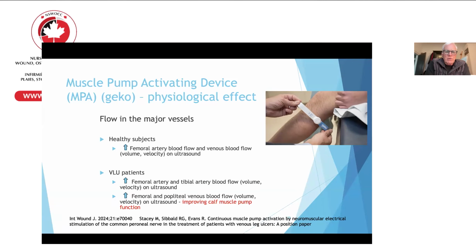In patients with venous ulcers, that flow in the arteries is evident in the femoral artery and also in the tibial vessels. And studies in the veins have shown improvement in blood flow in the femoral and popliteal veins. And this is essentially improving the calf muscle pump function because it's compressing or contracting the muscles, compressing the veins, and increasing the venous return.